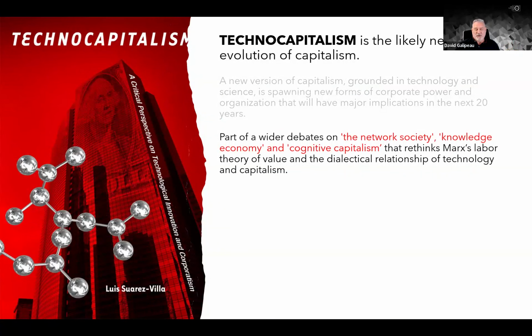If you go back and read Marx again, the labor theory of value, the dialectical relationship of technology and capitalism. Now, if that labor is not human labor but technology-driven labor, that puts an interesting concept on the future of the economic models that will drive the demand for labor.